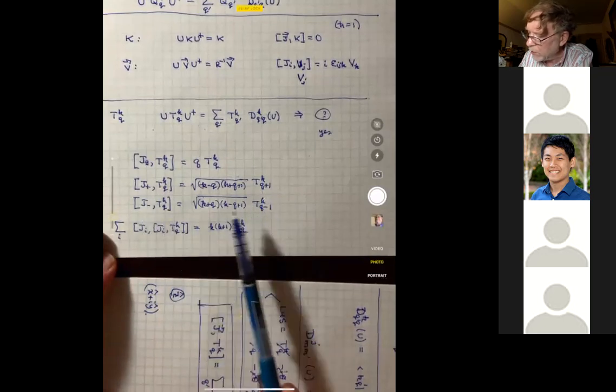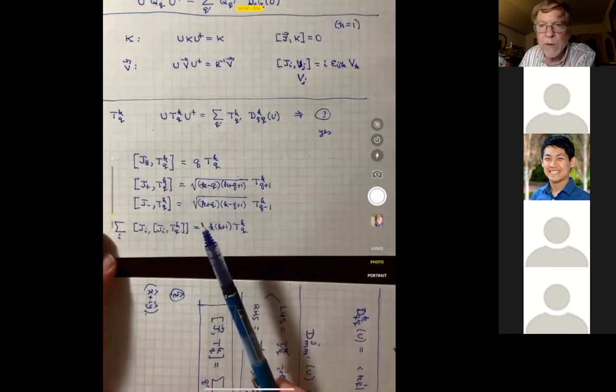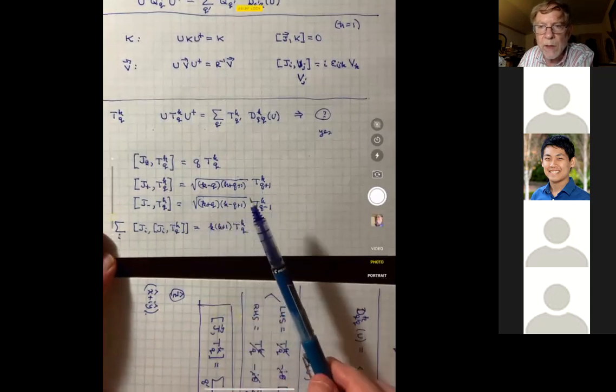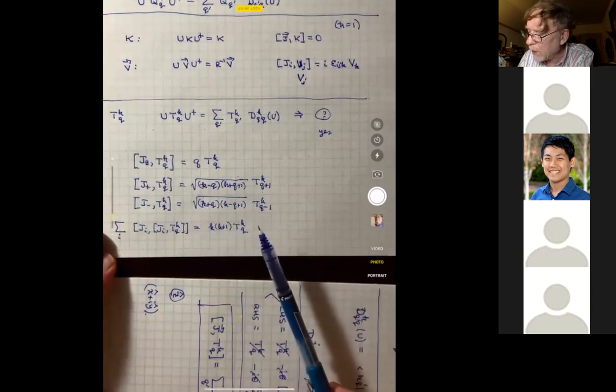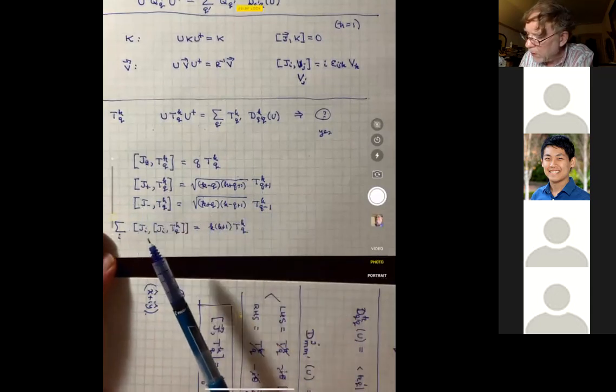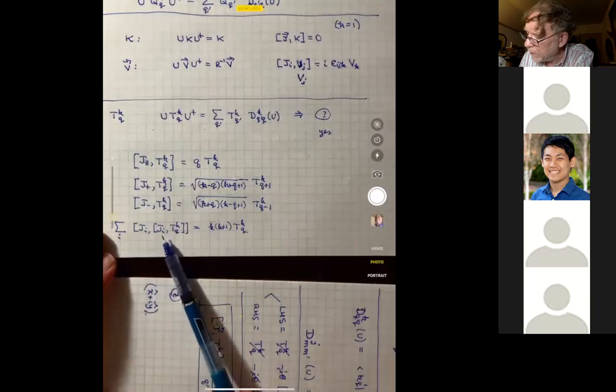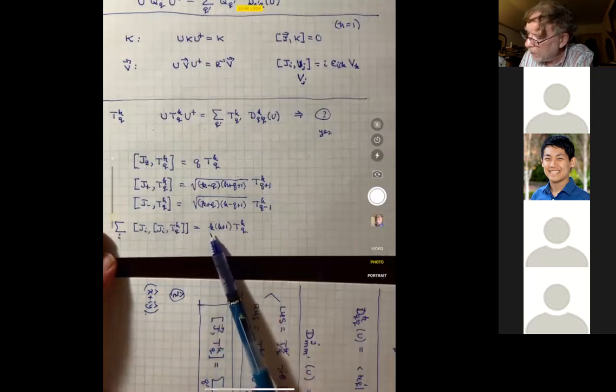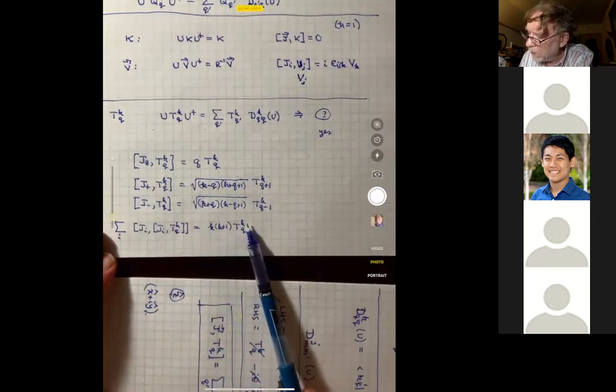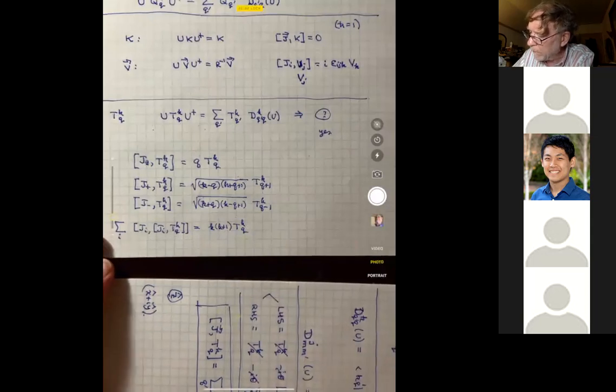J minus lowers the Q index. So this moves us up and down amongst the components of an irreducible tensor operator by forming these commutators. And finally, this iterated commutator here is kind of like a J squared operator, it's like a K squared operator. It brings out the K(K plus 1) of the order of the irreducible tensor operator.